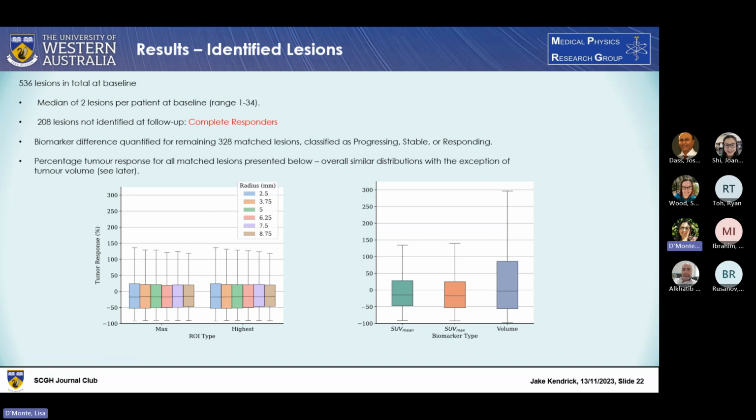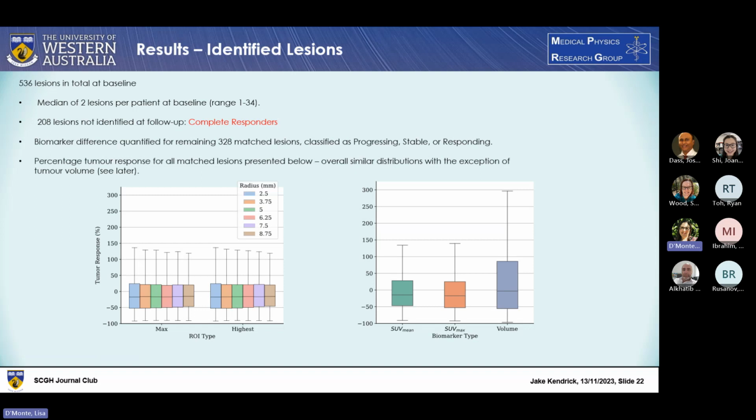And you can see here we've just plotted the percentage tumour response according to all of those biomarkers. One thing I'll just note is that this plot on the left here is regarding the different SUV peak measurements. So for those of you who aren't familiar, SUV peak has a number of different definitions, and it's not really standardized what sort of definition is used in the literature. And it depends on 2 things, essentially.